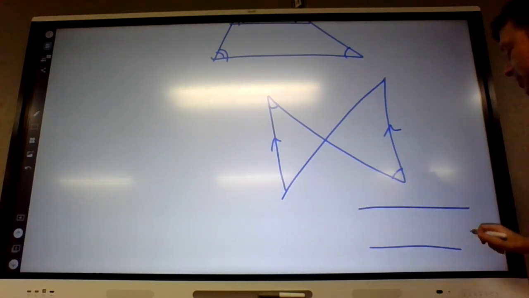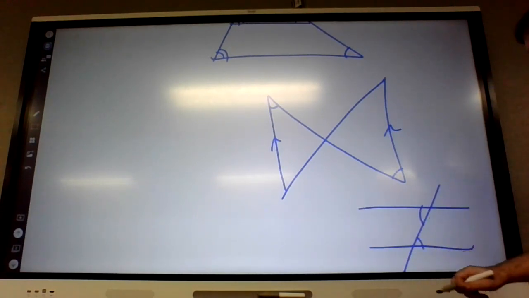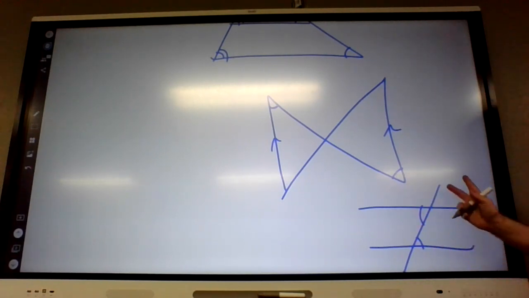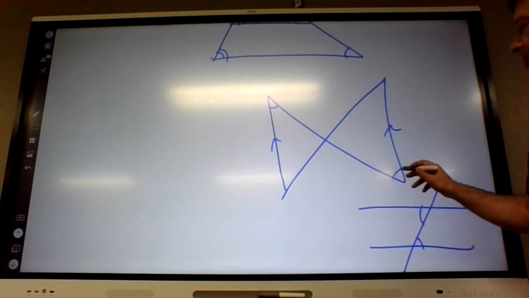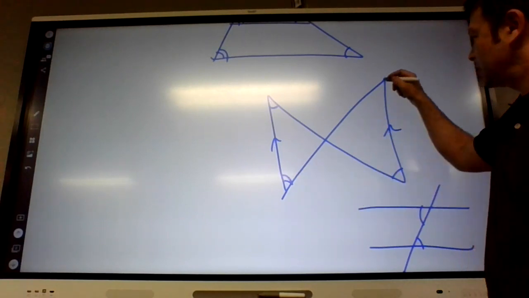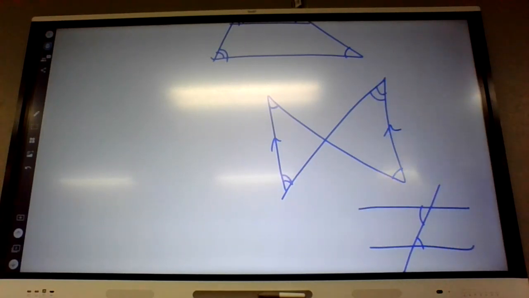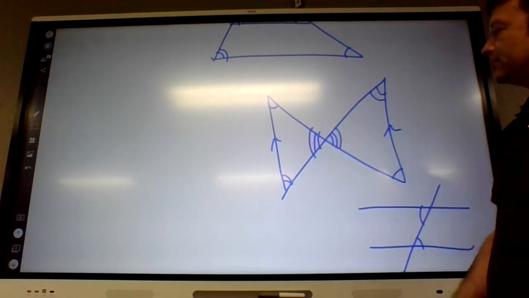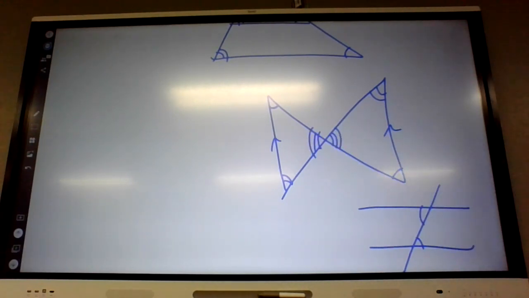You guys remember that? Like this angle and this angle. It's the same thing, it just looks different because it's sideways and doesn't have the extra lines. But alternate interior angles are congruent on parallel lines. And the vertical angles are congruent, so it's angle, angle, again. You really only need two angles, you don't really need all three.